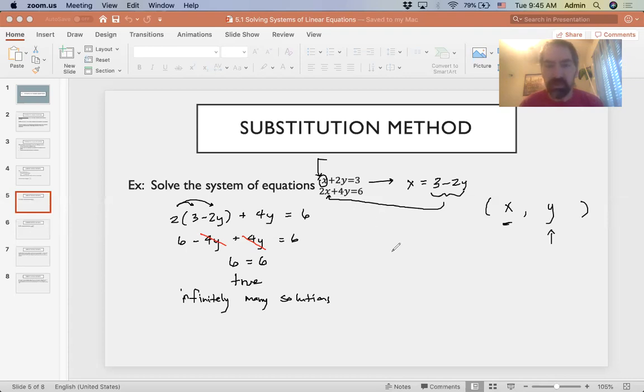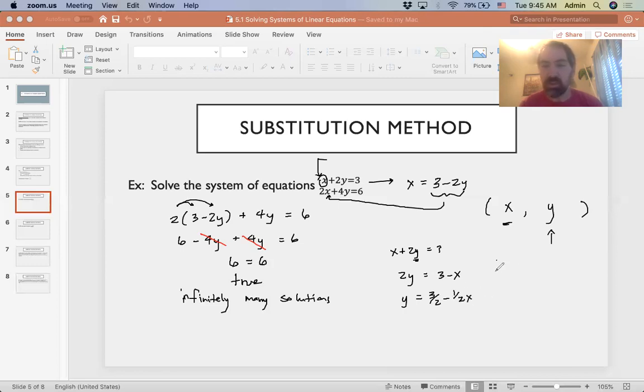Let me take that first equation, x plus 2y equals 3, and solve for y by subtracting x from both sides, and then dividing both sides by 2. That's y equals 3/2 minus 1/2 x.